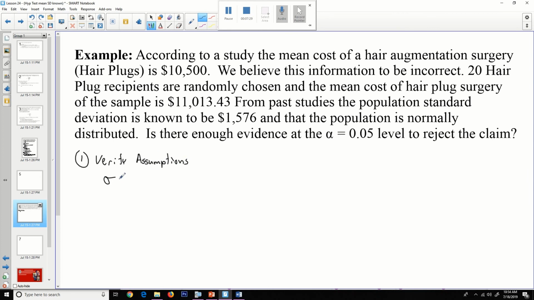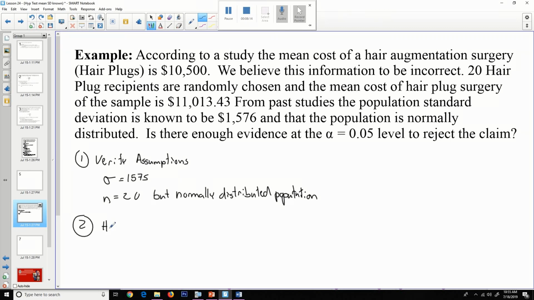In this case, our standard deviation for the population was 1,576, and even though our n is equal to 20, we have a normally distributed population. And so we don't need that n to be over 30 because the population is normally distributed.